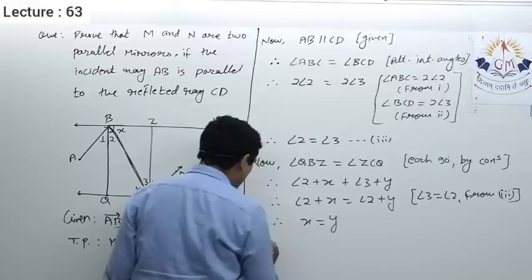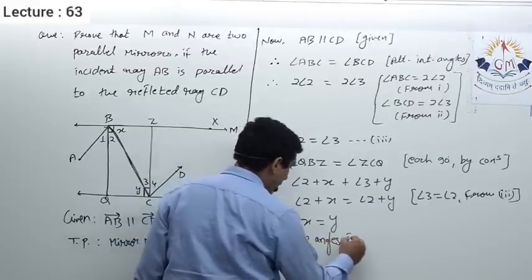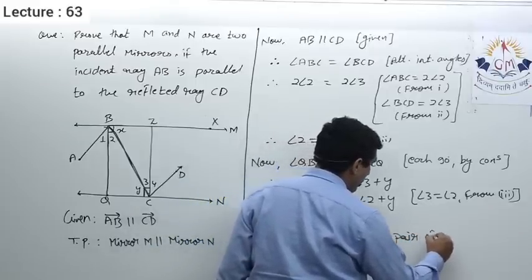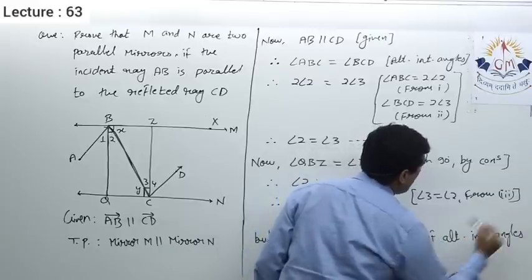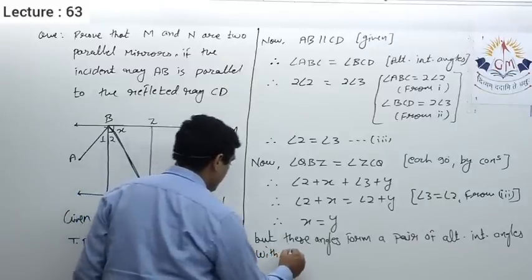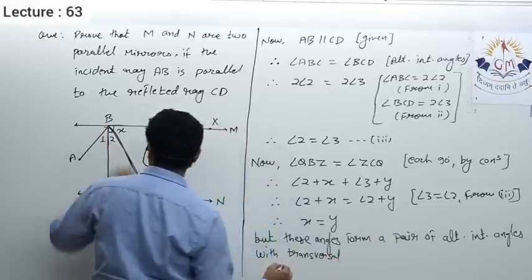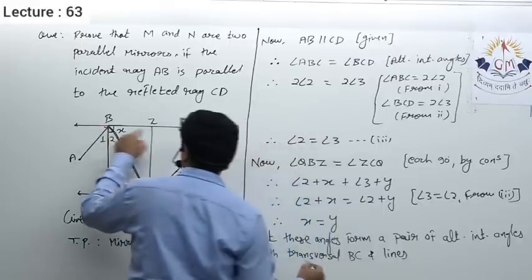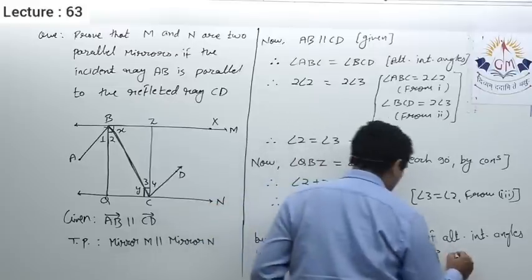But these angles form a pair of alternate interior angles with transversal BC and lines BX and QN.